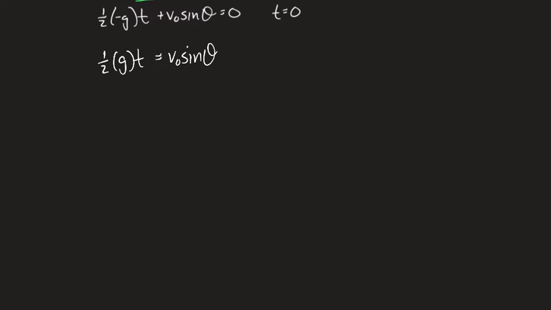I'm going to solve for t now by multiplying both sides by 2 and dividing both sides by g. So multiply by 2 and divide by g, giving me a new expression where t equals 2 v0 sine theta over g. Questions?